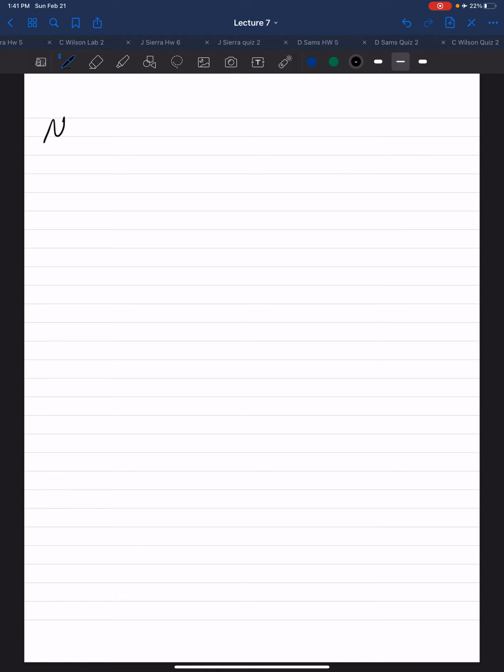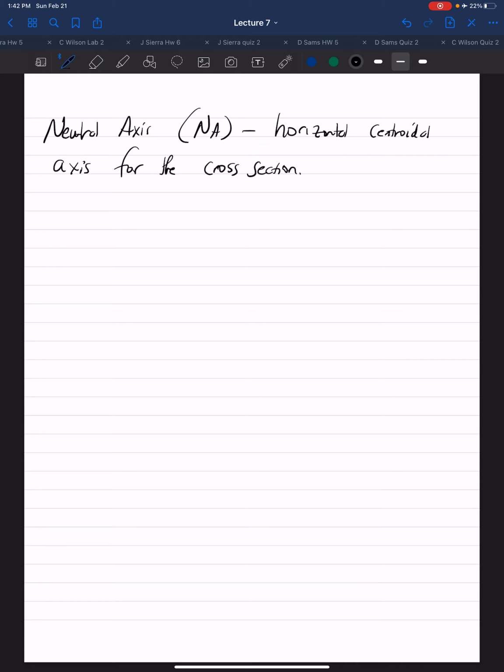So what is the neutral axis? Sometimes abbreviated NA. The neutral axis is the horizontal centroidal axis for the cross section.